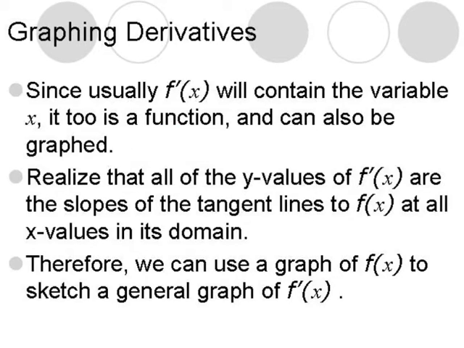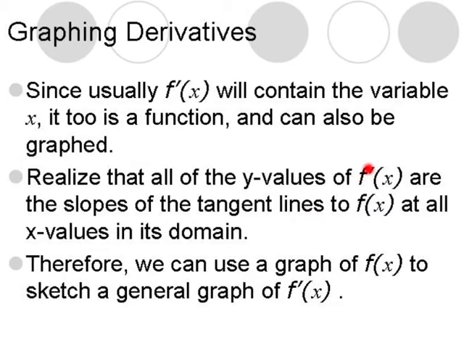So realize also that all the answers to f prime of x are the slopes of tangent lines to f of x at all the x values in its domain. So let's say you're given a function f of x. If we get f prime of 2, that's the slope of the tangent line to the graph at 2.